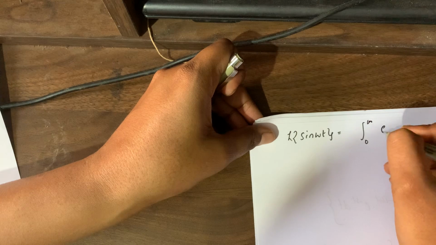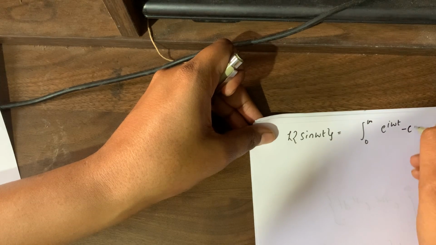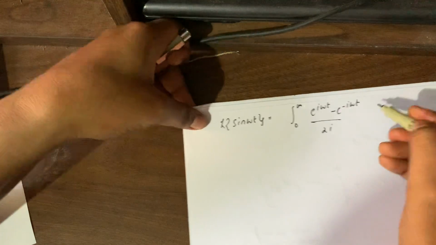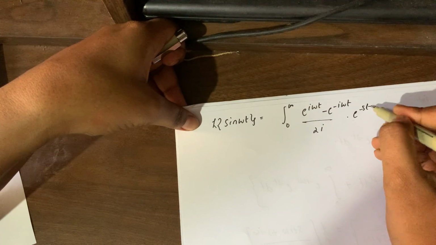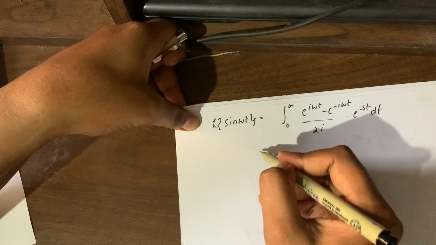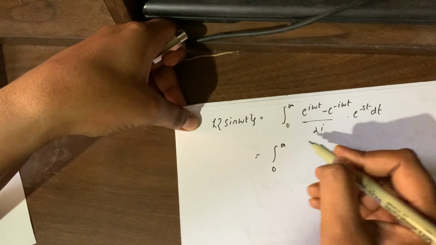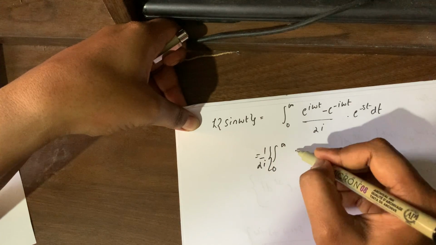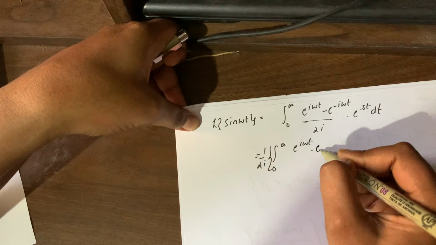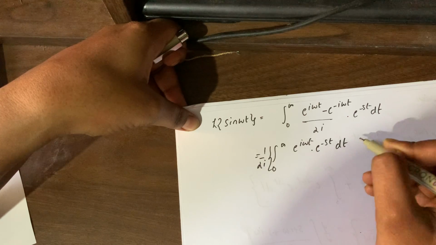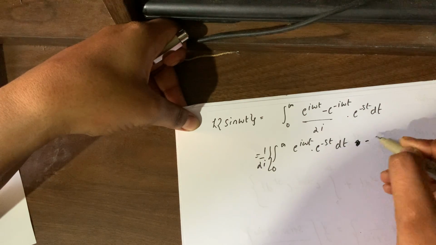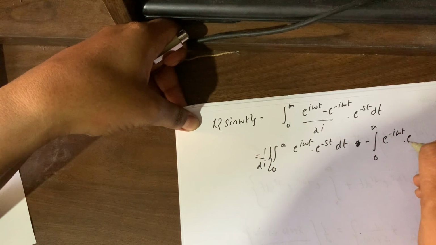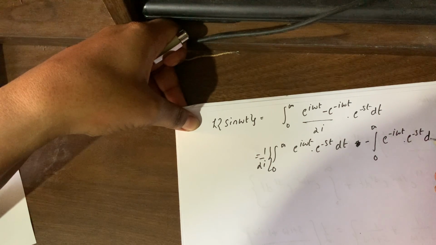Integral from zero to infinity of (e to the power of i omega t minus e to the power of minus i omega t) divided by 2i, dot e to the power of minus st dt. So that is equal to integral from 0 to infinity, 1 by 2i taken out as common outside, of e to the power of i omega t dot e to the power of minus st dt, minus integral from 0 to infinity of e to the power of minus i omega t dot e to the power of minus st dt.